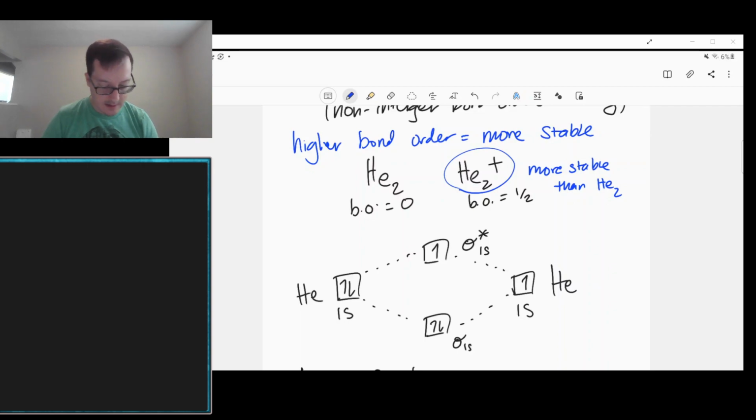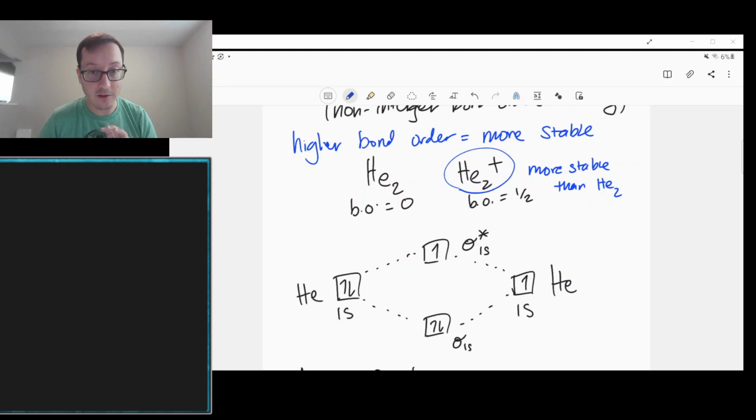So the idea here is that we're able to justify that this He2 plus would be more stable than He2 itself because it has a higher bond order. Again, we can compare them because they're both helium atoms in both molecules. These are very similar to each other. The only thing is we've taken away an electron.